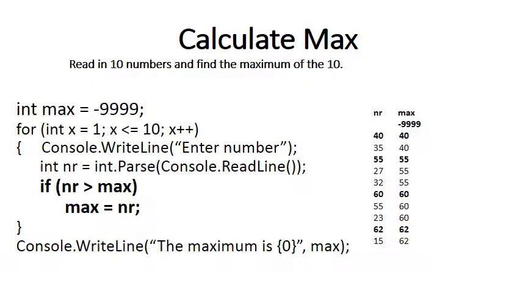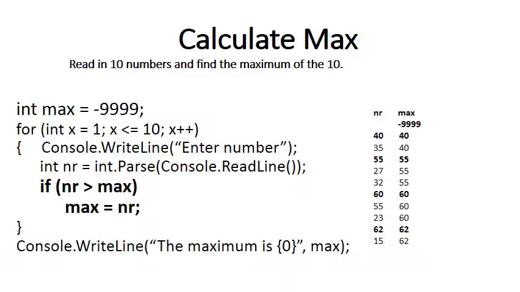Okay, so let's trace when the user enters these 10 numbers. Notice we initialize max to minus 9999. Then the user enters 40 the first time. Now immediately we can see 40 is greater than minus 9999, so max changes to 40.